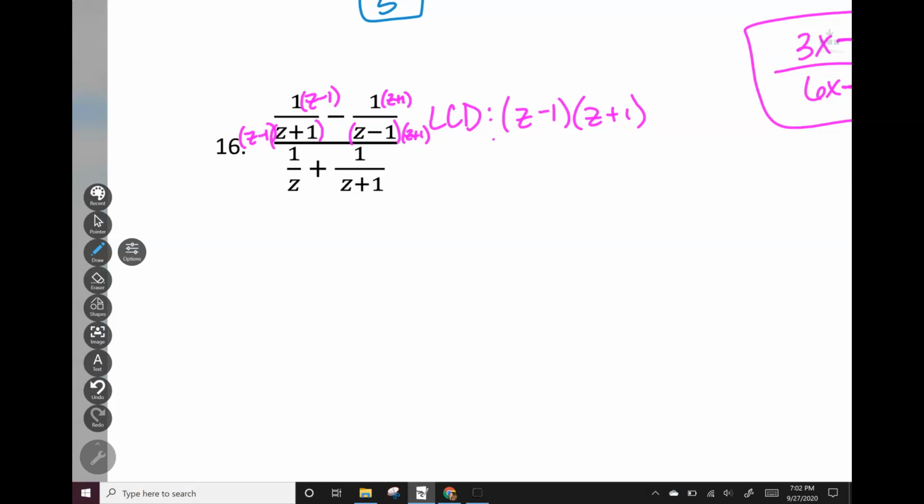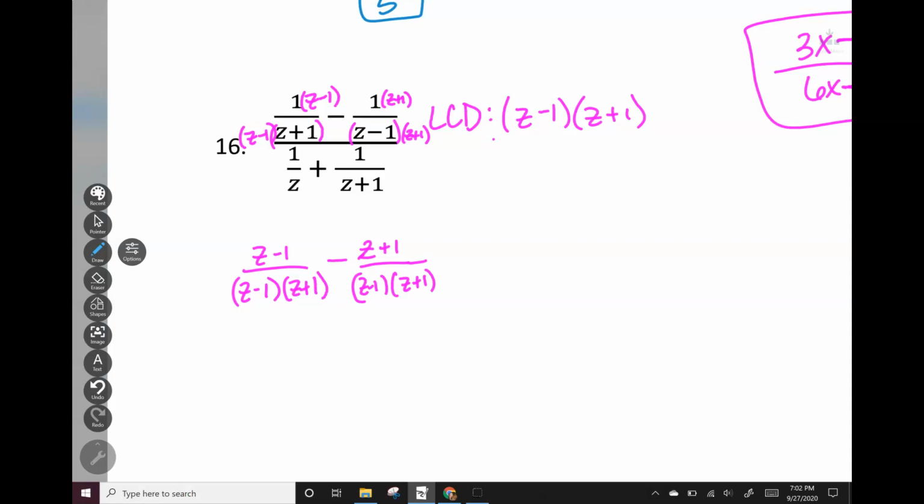So in the numerator, I will have z minus 1 over z minus 1 times z plus 1, minus, and in the second fraction, z plus 1 over z minus 1 times z plus 1.